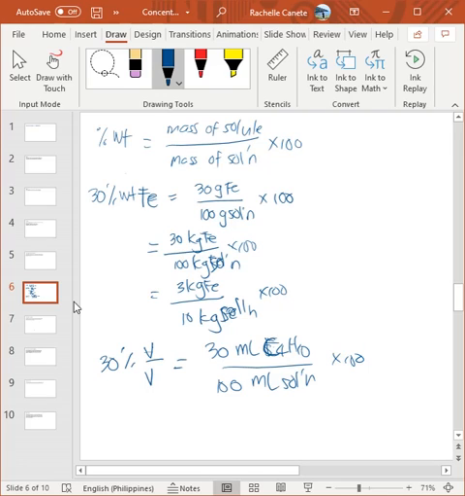That's the same. Okay? So, same ra na ang percent weight or volume percent except sa ilang unit.